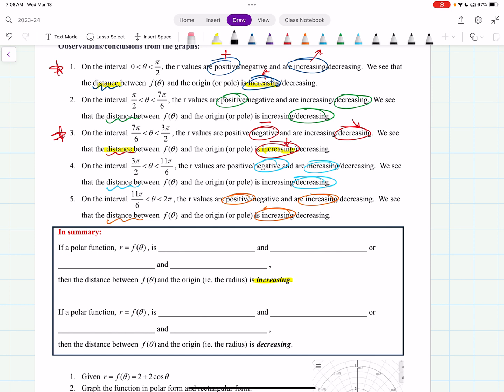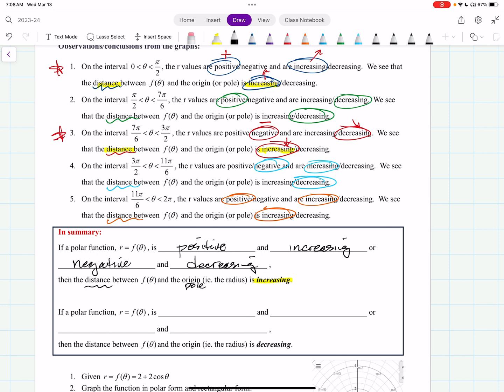When f of theta, r, is positive and increasing, or on number 3 here, negative and decreasing, the distance from f of theta to the origin or the pole, which is the radius, is increasing.